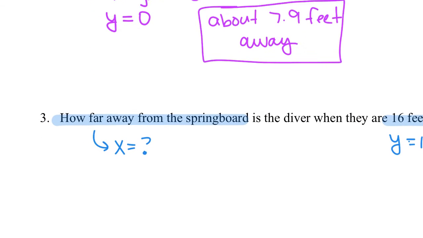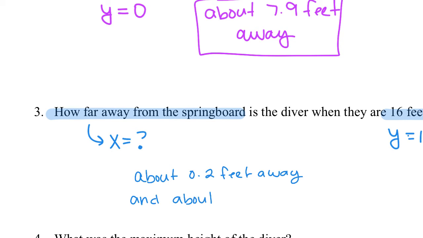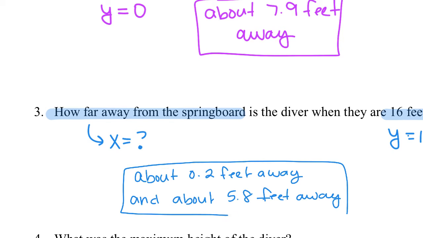So he actually hits the 16-foot mark twice, at about 0.2 feet away and at about 5.8 feet away. So if it does hit a point twice, you need to make sure you include both of those points.